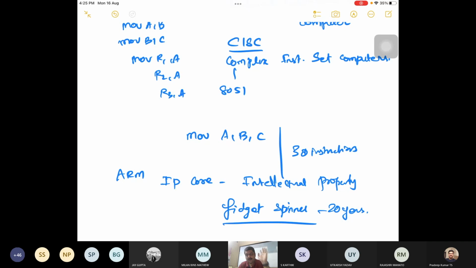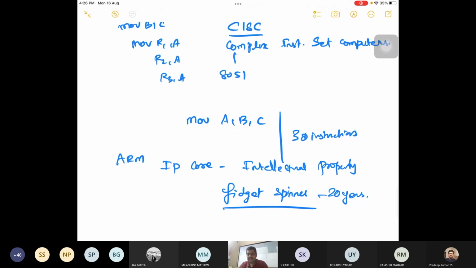Similarly, ARM is an IP core. What ARM does is give the architecture to the companies. They say, take my architecture, I have a basic circuitry that provides ARM. Anybody can download the architecture, use it, and produce their own devices. A hardware description language is given to them.